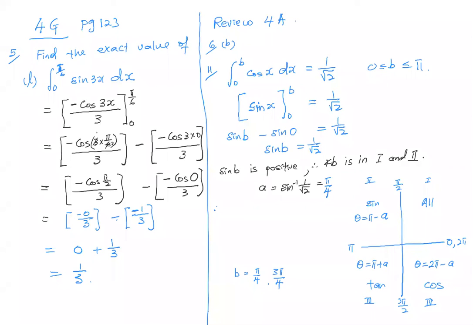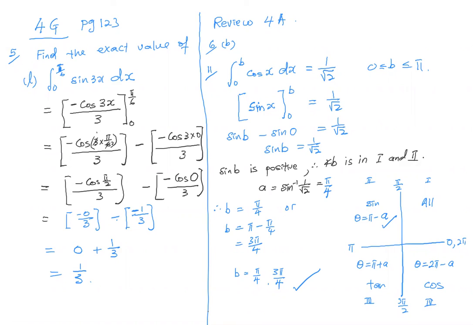So angle B can be pi by 4, or angle B in the second quadrant. You have to do it like that: pi minus pi by 4, so you get 3 pi by 4. So these are the 2 answers. Got it? Can or not? Yes.